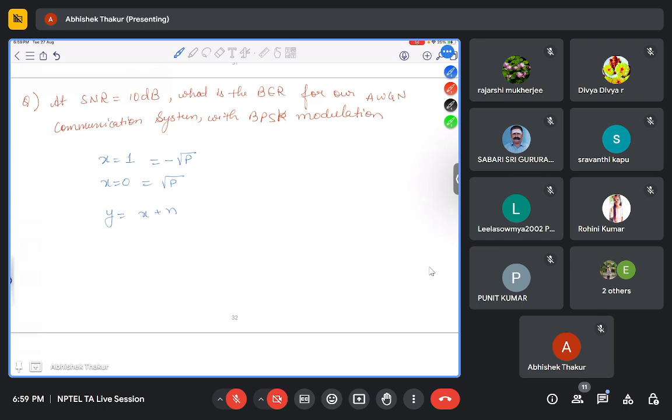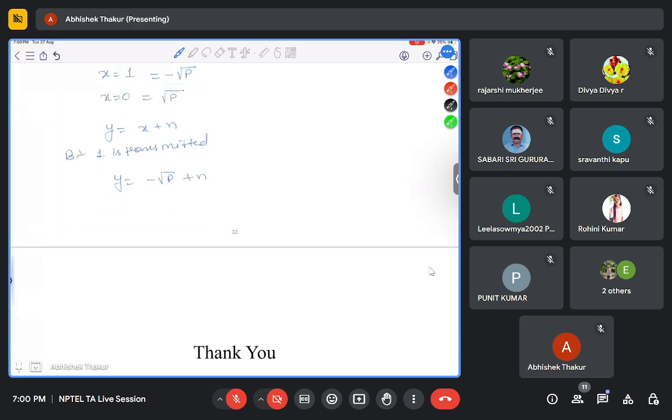Let's suppose bit 1 is transmitted. The received signal will be minus root p plus n, and a bit error will occur if y is greater than 0.